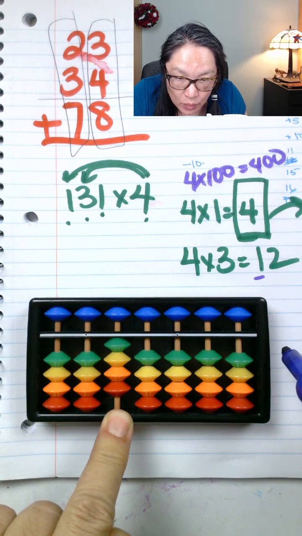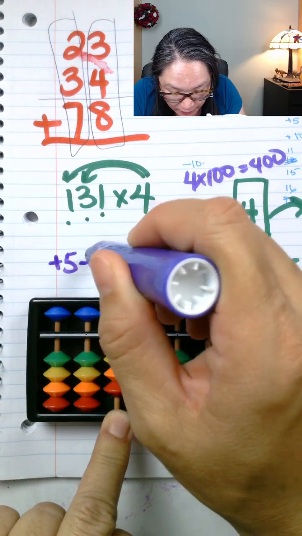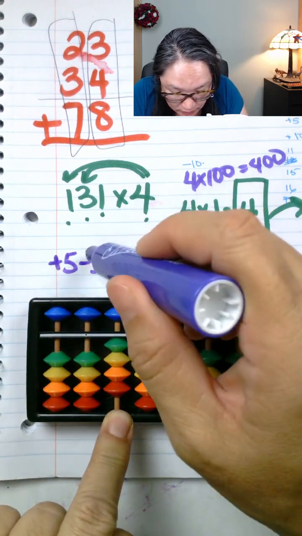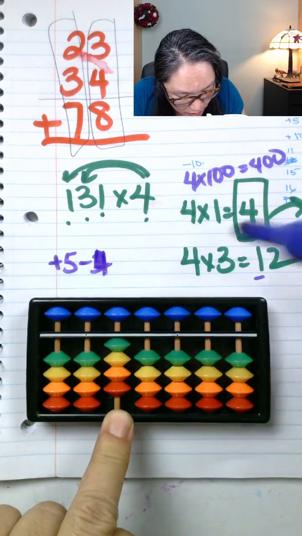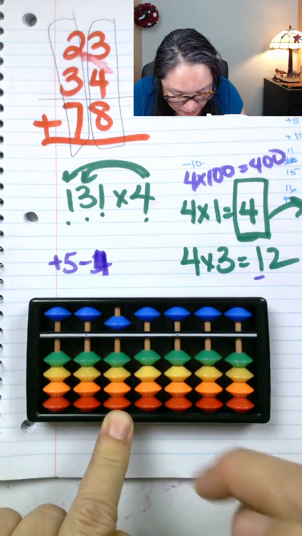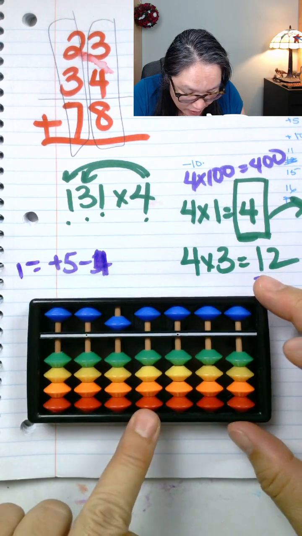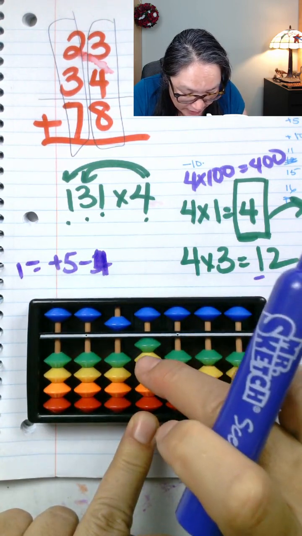How do we add the 1? Right? So what we're going to do is plus the 5 minus the 4, because we need to add the 1. So plus the 5 minus the 4 equals 1. And then here we're going to add the 2 because we added the 2.